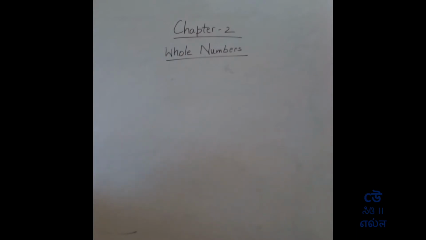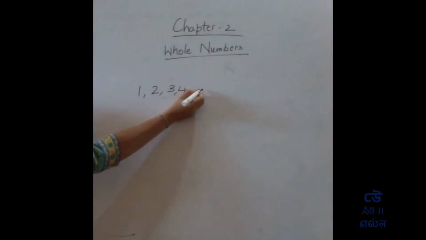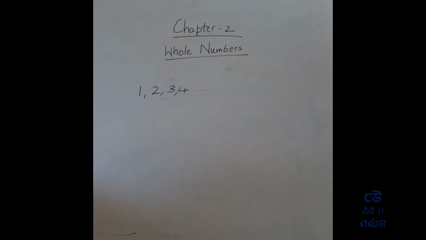Children, when we automatically start counting numbers, from which number do we begin with? We automatically begin with number 1, 2, 3, 4, 5, 6 and so on, right?